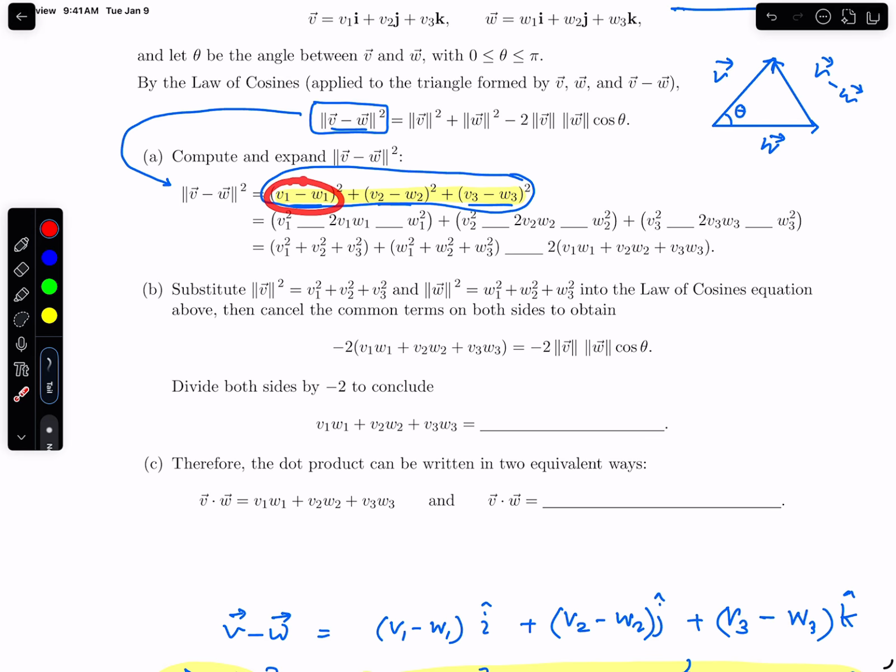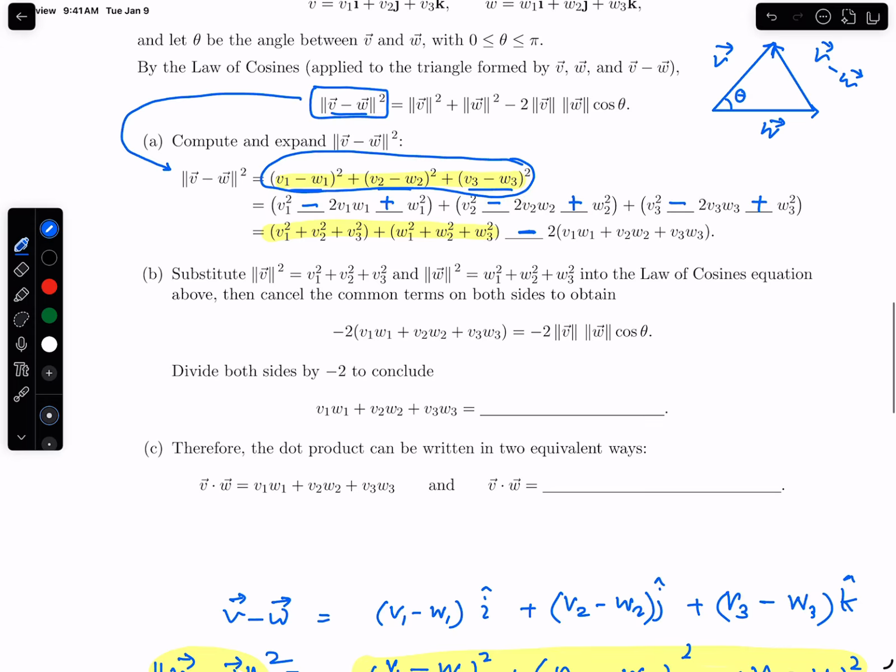Now I expand the first term, the second term, the third term. Obviously this should be a negative sign. This is positive, negative, positive, negative, positive. Now if I combine these square terms, I get this. If I combine the other terms, I have a negative sign in front of all of these, and this negative sign comes from these three negative signs.